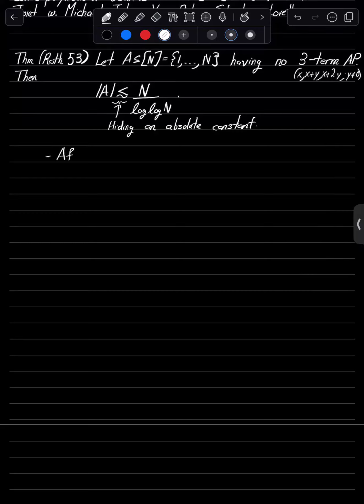So bounds on what's called Roth's theorem have been a topic of intensive study.